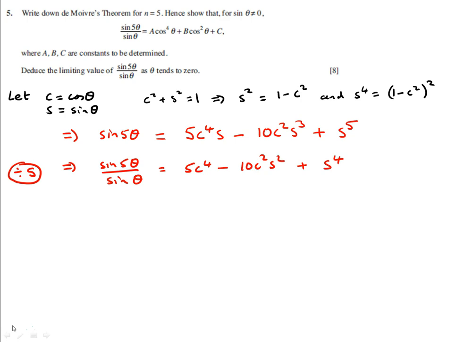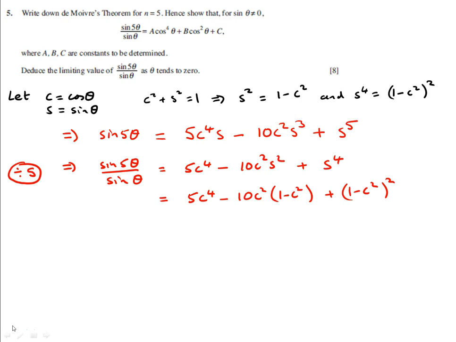So we can replace the s squared by 1 minus c squared, and we can replace the s to the 4 by 1 minus c squared squared. So we've got sin 5θ over sin θ equals 5c to the 4 minus 10c squared times 1 minus c squared plus 1 minus c squared squared.